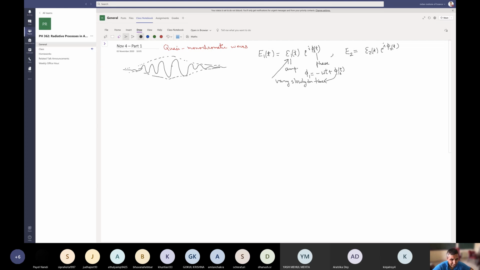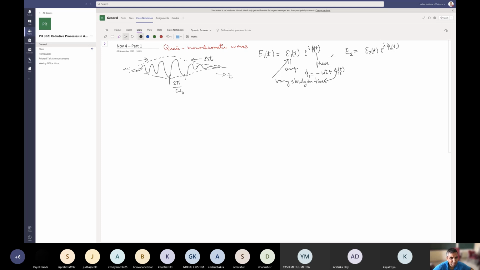Typically this variation is very, very fast. This corresponds to a time period of 2 pi by omega naught. And there is a width of this envelope, which is delta t.